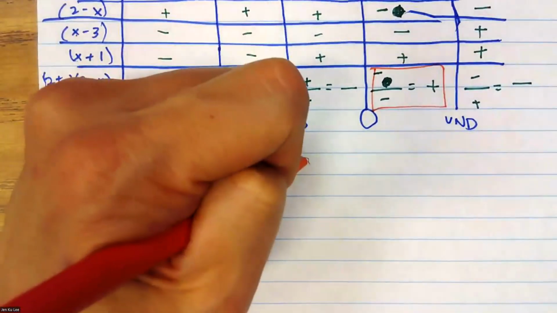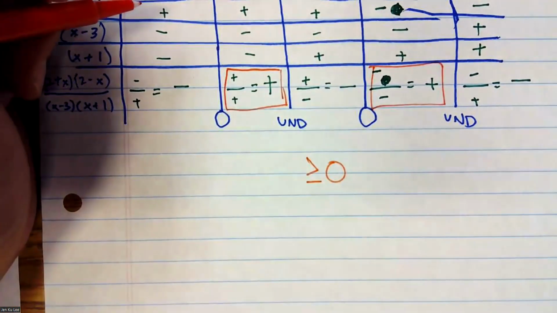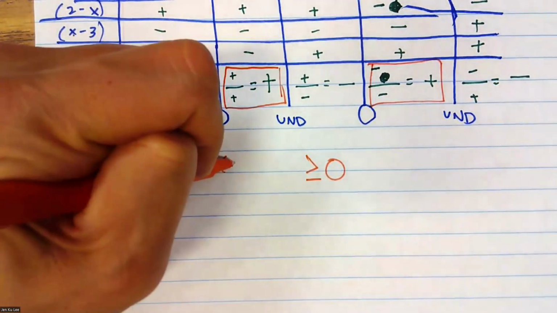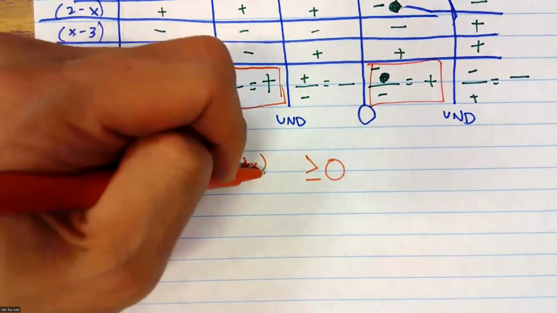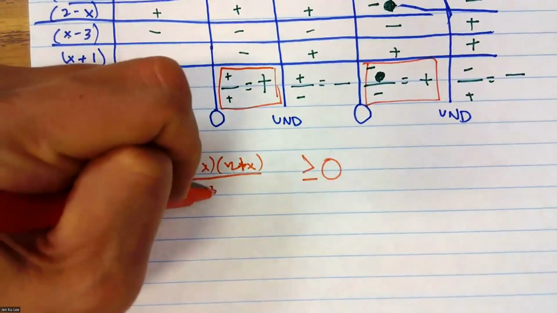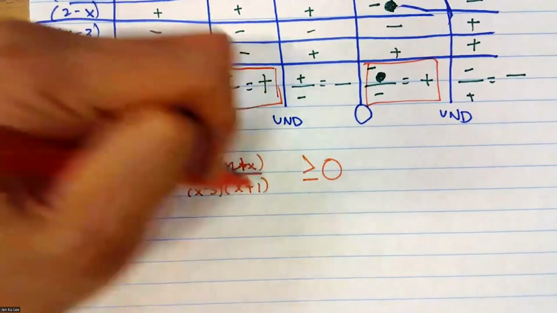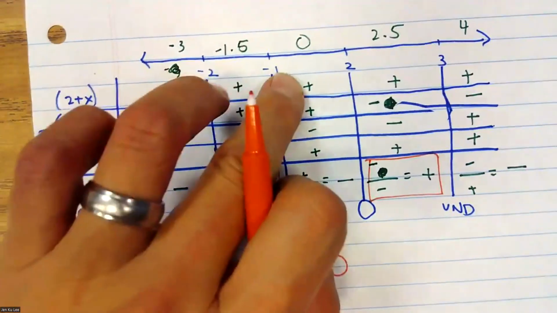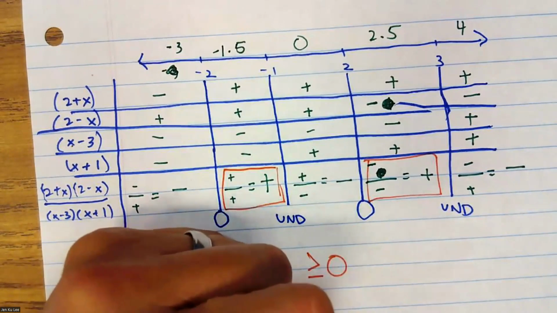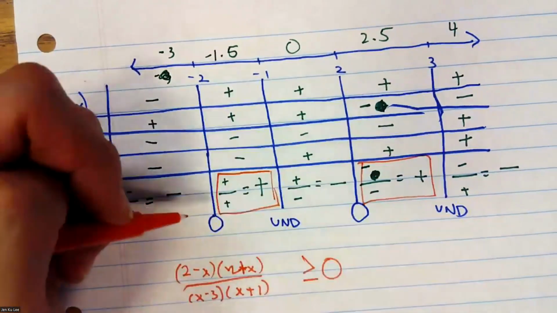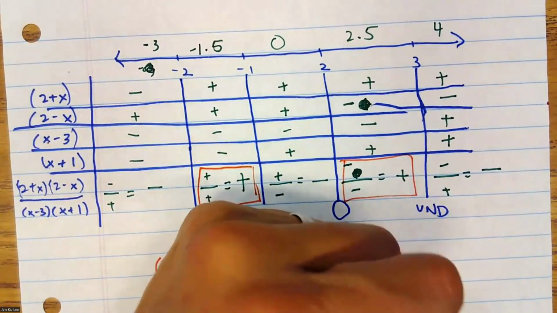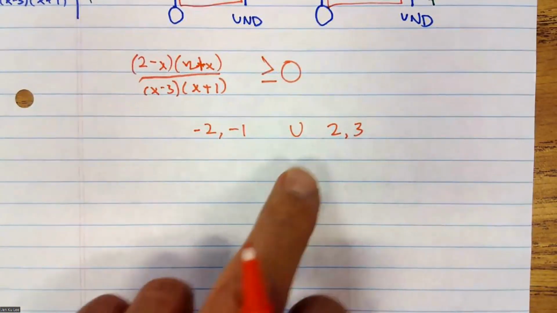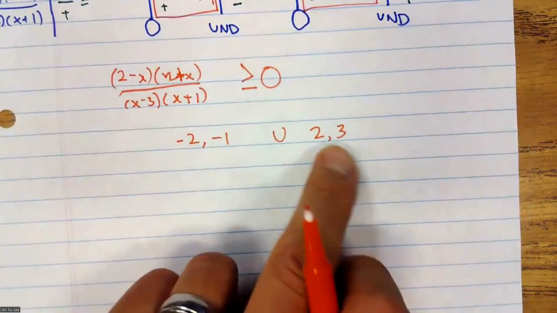That whole expression, 2 minus x times 2 plus x over x minus 3 times x plus 1, is greater than or equal to 0, right? Which we got from -2 to -1. Let me just write that down. And union 2, comma 3, like that, right? These numbers represent the start and the end of the intervals.